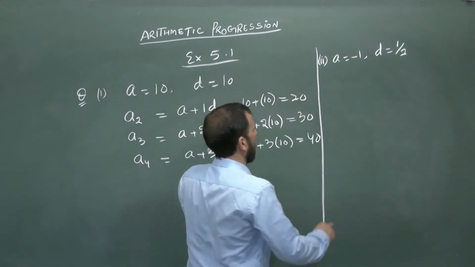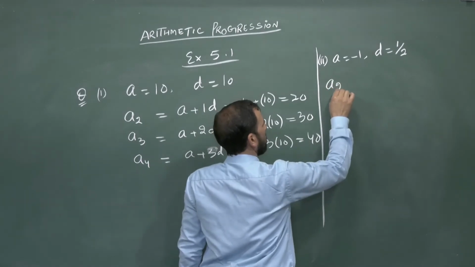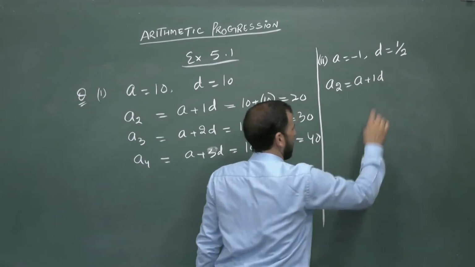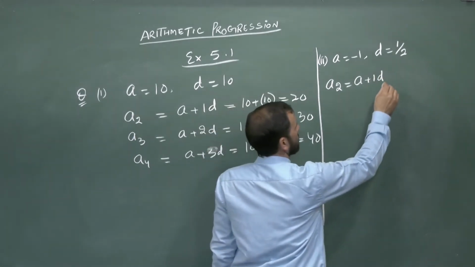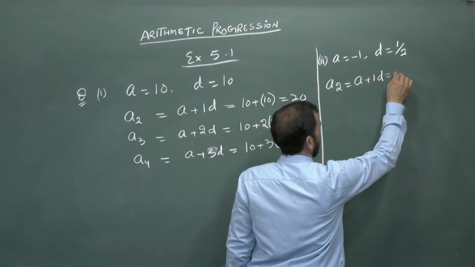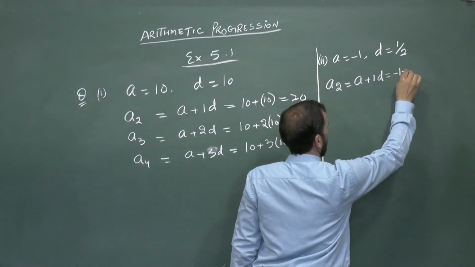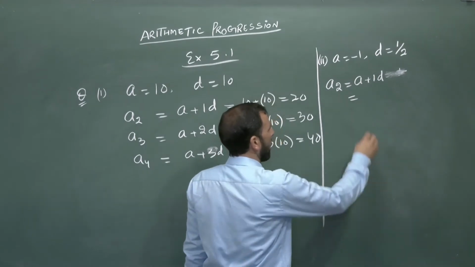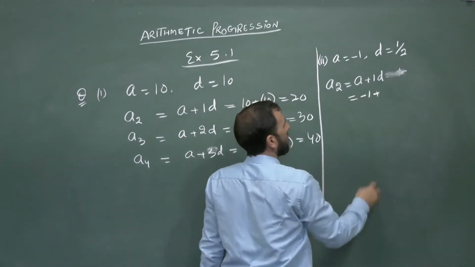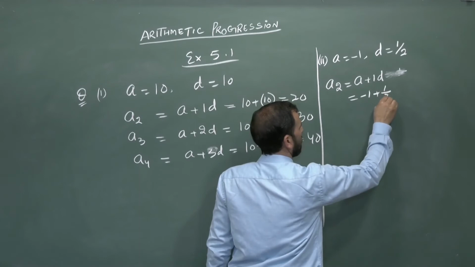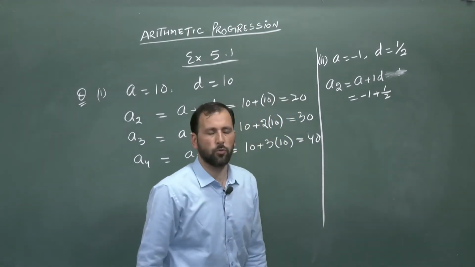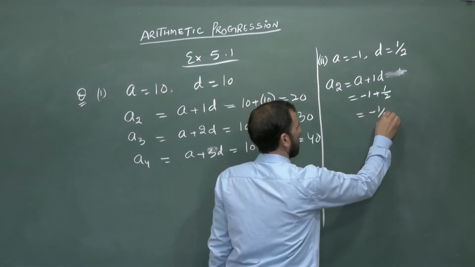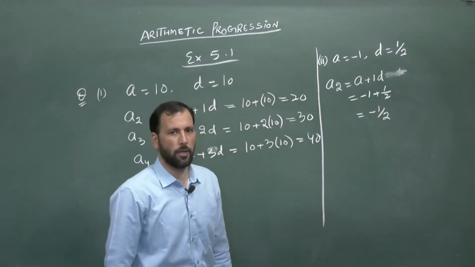So a1 is given, minus 1. We can write a2 is equal to a plus 1d, or a plus d, that equals minus 1 plus 1d, where 1d is 1 upon 2. So minus 1 plus 1 by 2 is equivalent to minus 1 upon 2, the second term of this AP.